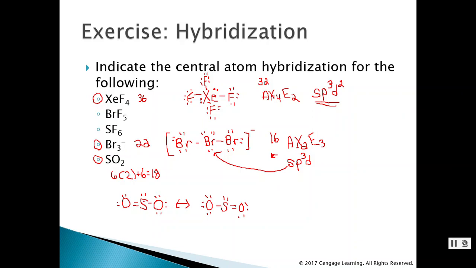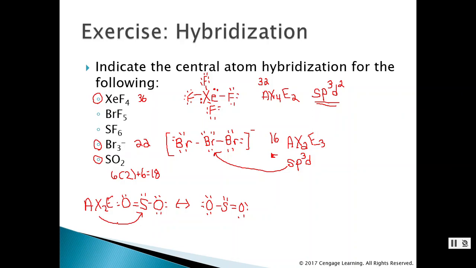And actually, regardless of which resonance structure you look at to determine the central atom hybridization, you look at the central atom, and I see AX2E for the central atom VSEPR notation. So I've got 3 electron domains.